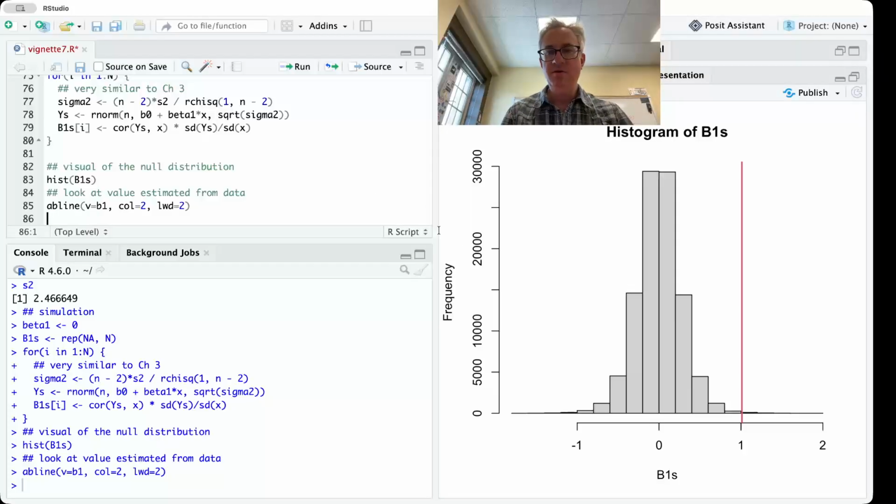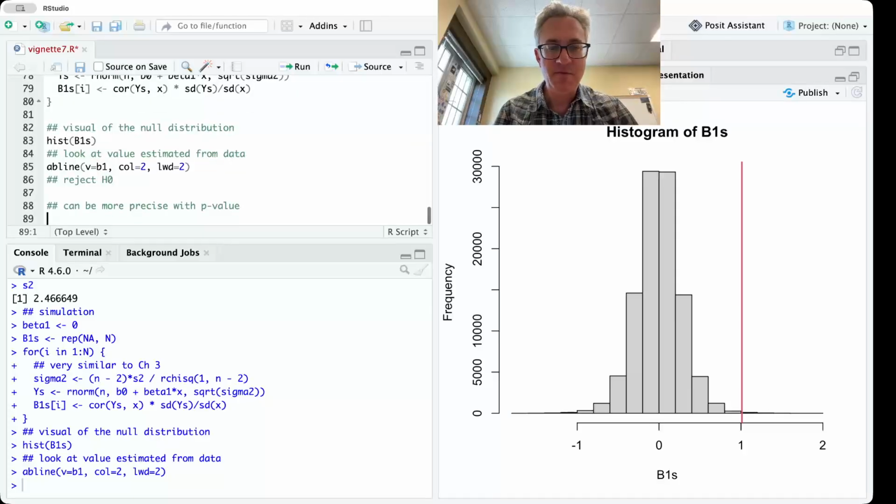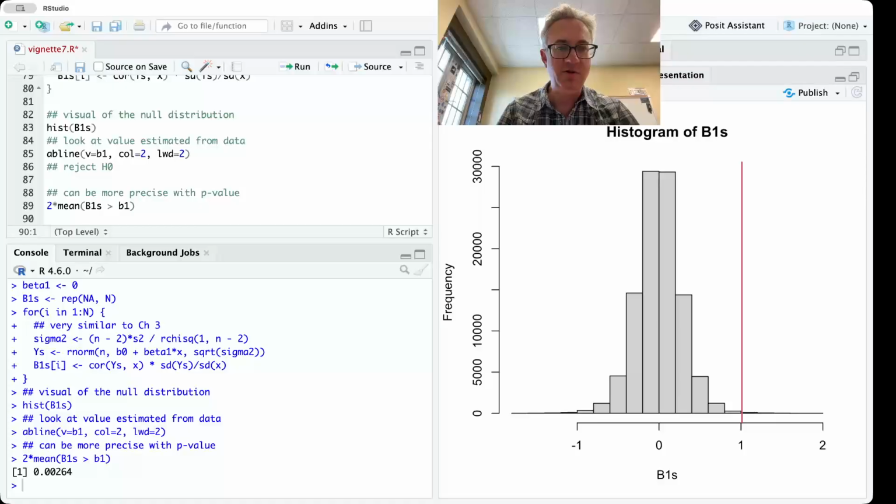Okay, so to me it looks like this estimated value from the data is an extreme value under the null distribution. So I think I'm going to reject the null hypothesis, but I can be more precise with a p-value. So I can do 2 times the mean of B1S greater than B1 for a two-tailed p-value.